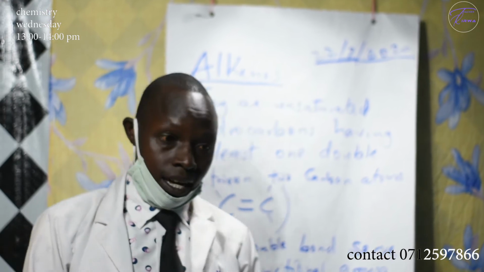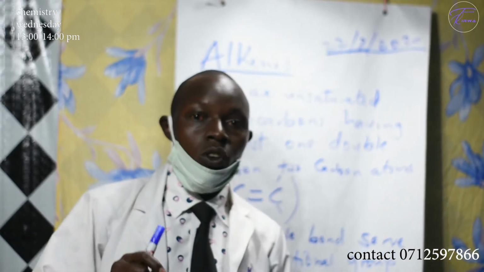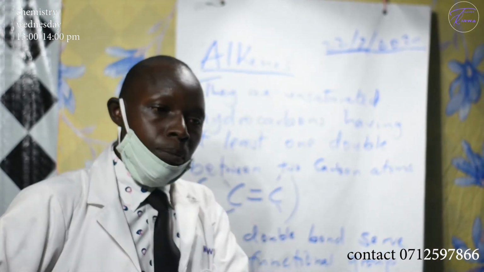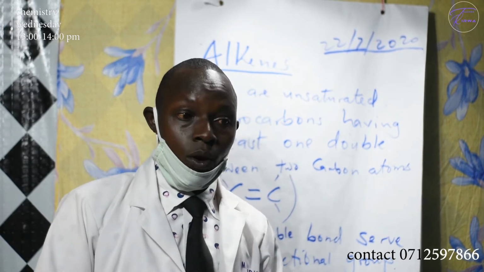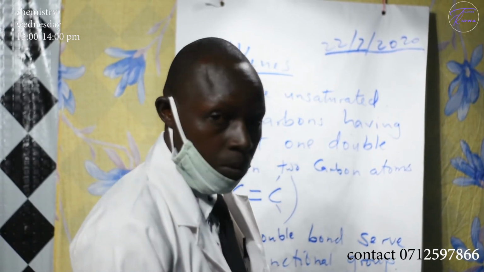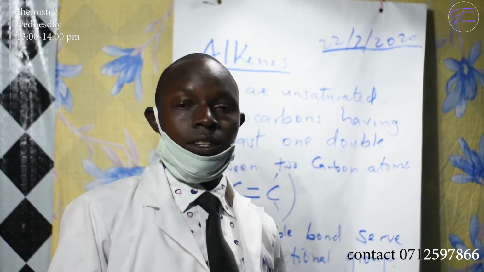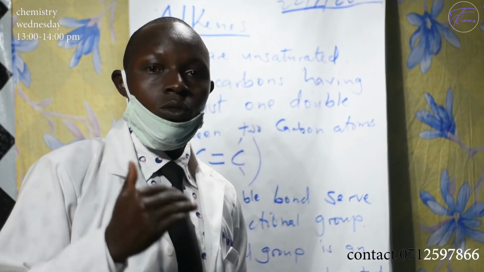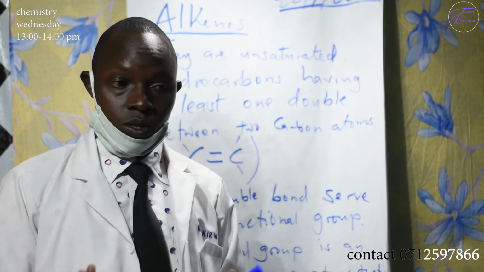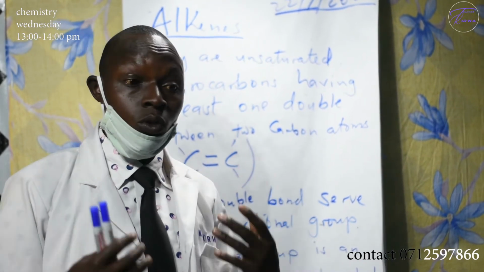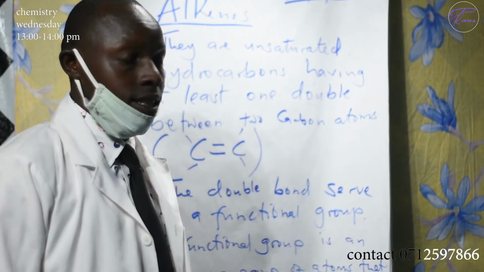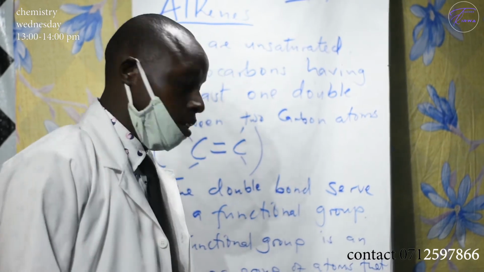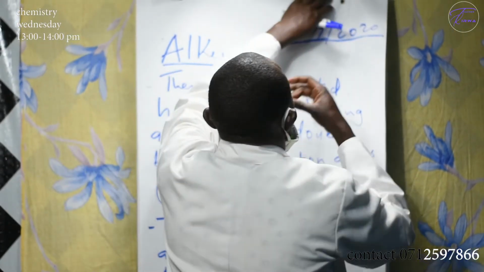When we were looking at alkanes, we said alkanes do not have a functional group, and because they do not have a functional group, they have limited chemical properties. That is why we said they only have one chemical property, that is substitution reaction. And even as such, for substitution reaction to take place in alkanes, as we saw, there has to be UV light or sunlight. For this, it does not require UV light. We shall look at it because of the presence of this functional group.